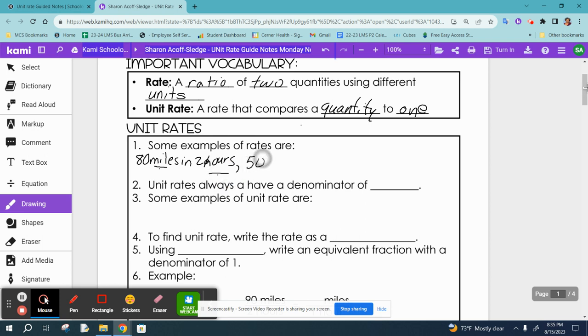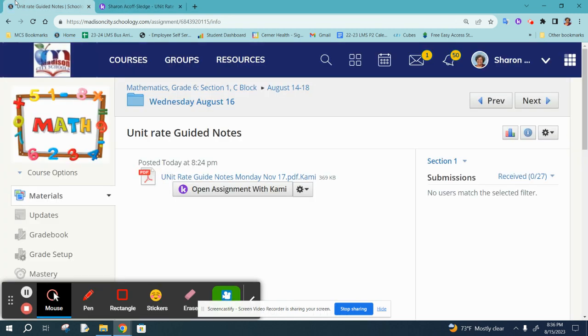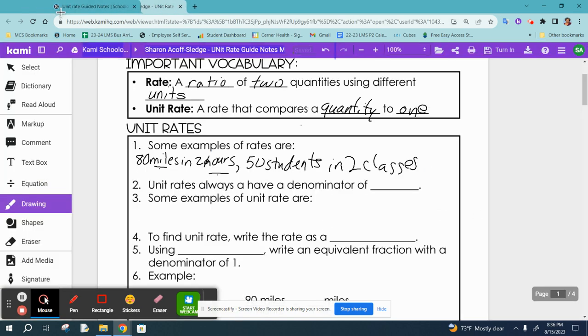Another one would be 50 students in two classes. So go ahead and write that down in your notes. All right, so 50 students in two classes.